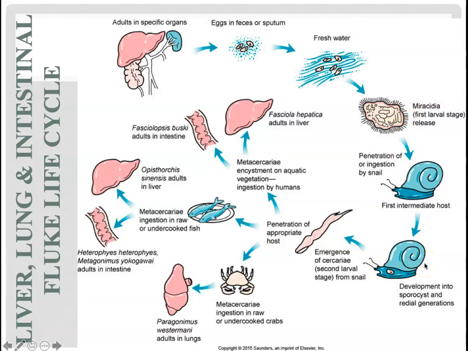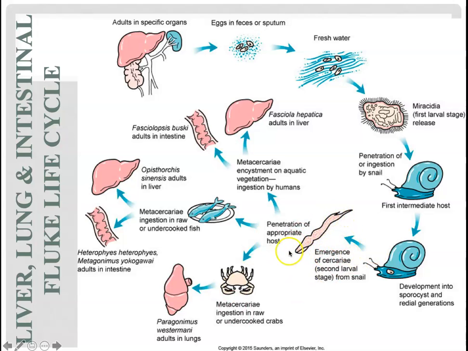So within the snail, there's actually several more life cycle stages that occur, and I won't make you learn all of those. But what happens is that a stage called the cercaria or cercariae emerges from the snail. And just one miracidia can result in hundreds of cercaria being released.